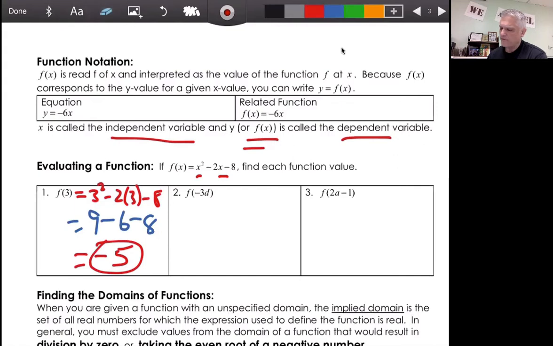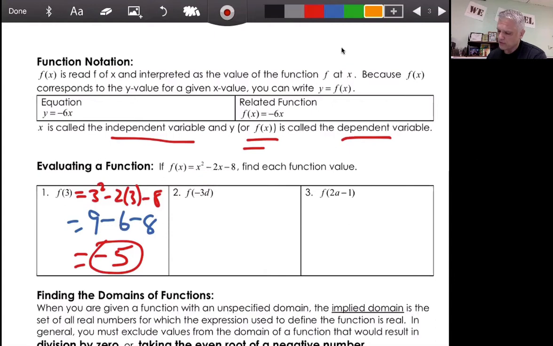Same f of x, but now we're going to find out what f of negative 3d is. So nothing to get terribly scared of here. Negative 3d is going to replace or be substituted for x.